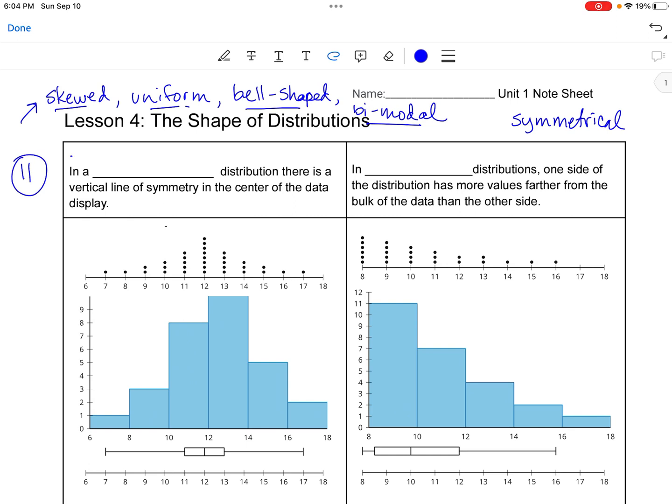Okay, so this one here, if we look at the dot plot, it's shaped like a bell. That is bell-shaped. In this one here, the data is more on one side than the other, and so this would be skewed.